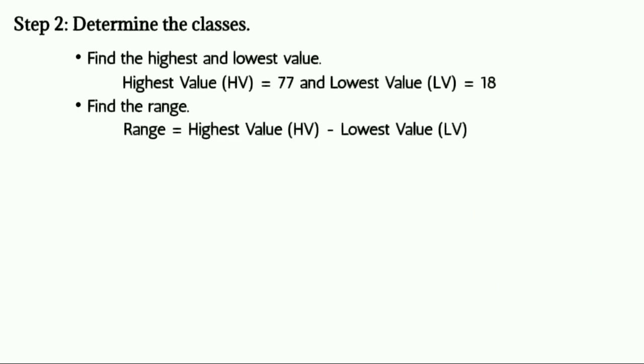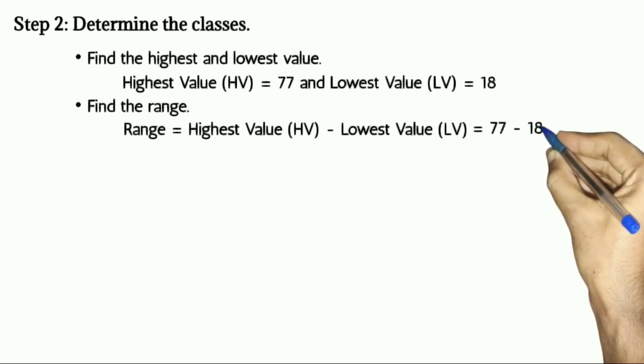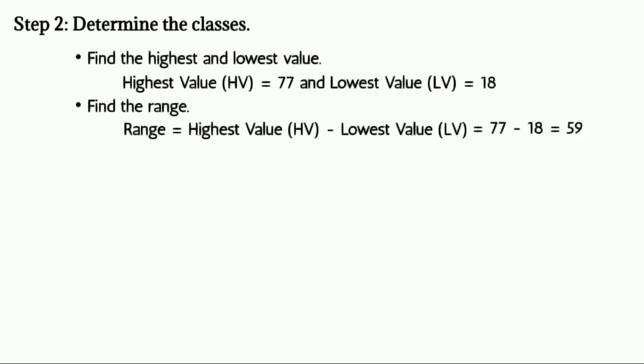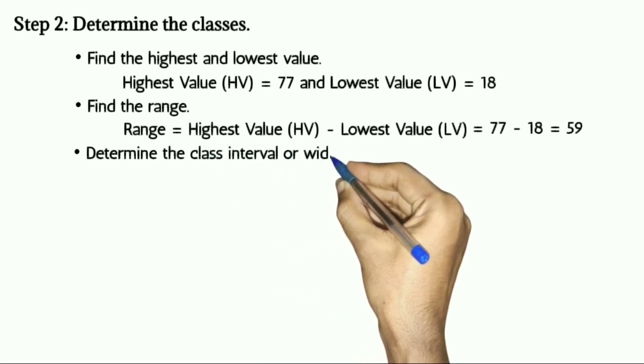In other words, ito yung difference ng highest value at lowest value. The highest value is 77 minus the lowest value na 18. 77 minus 18 is equal to 59. After that, let's determine the class interval or width.